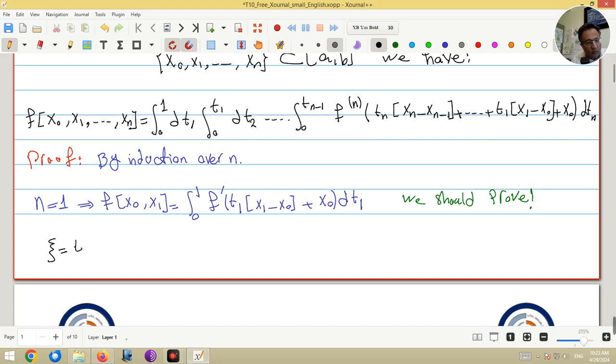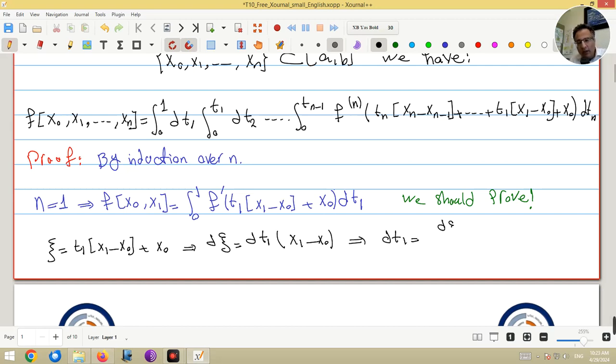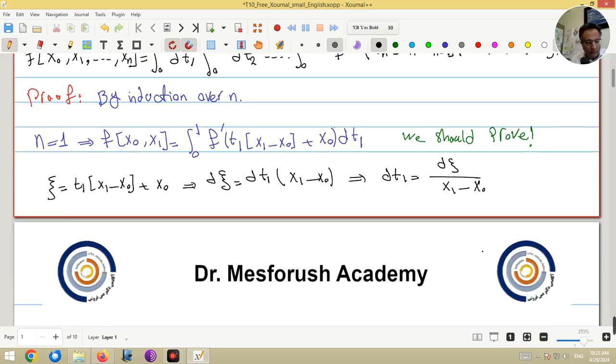Put xi equal to t1 times (x1 minus x0) plus x0. In this case, dxi will be dt1 times (x1 minus x0), and we can get dt1 equal to dxi over (x1 minus x0). This is the first thing.